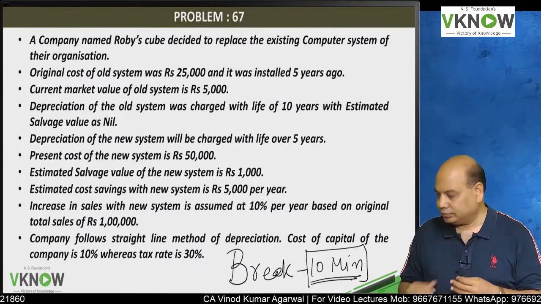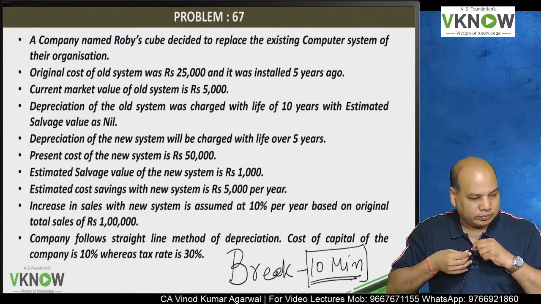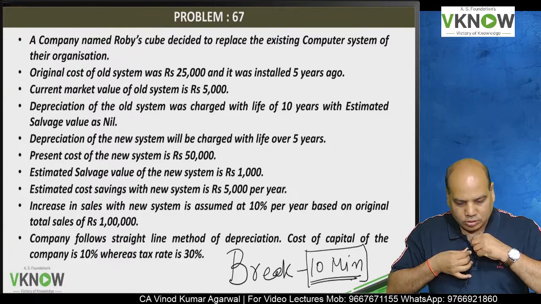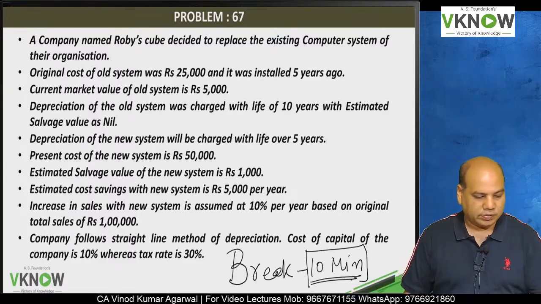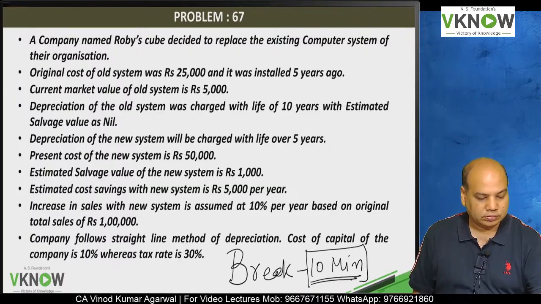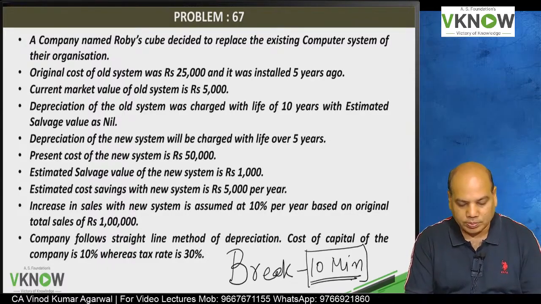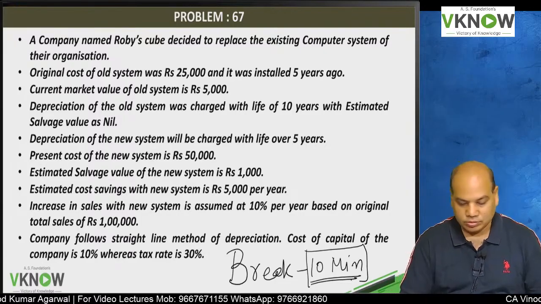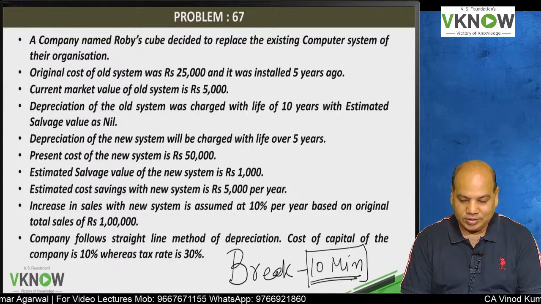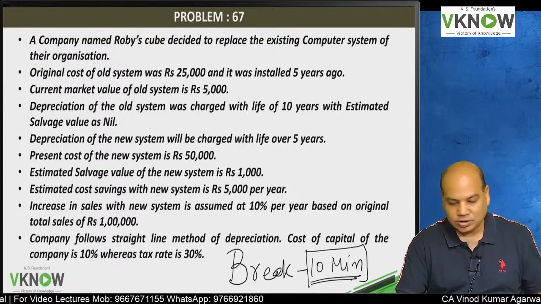Okay, welcome back. Let us read question number 67. All of you please read question number 67. A company named Robbie's Cube decided to replace the existing computer system of their organization.